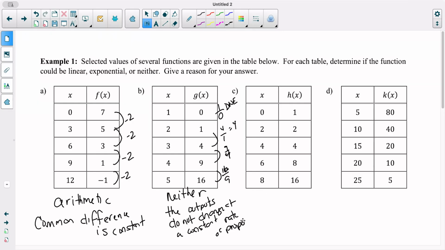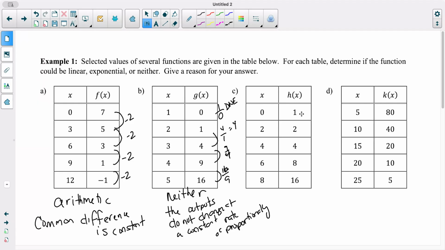If you want the actual full-on statement, like if they ask you to explain why something is, like on an open response question, that's what you're looking for. The outputs do not change at a constant rate or proportionally. Okay, and of course we throw in there over equal length intervals, right? Over equal length input intervals.